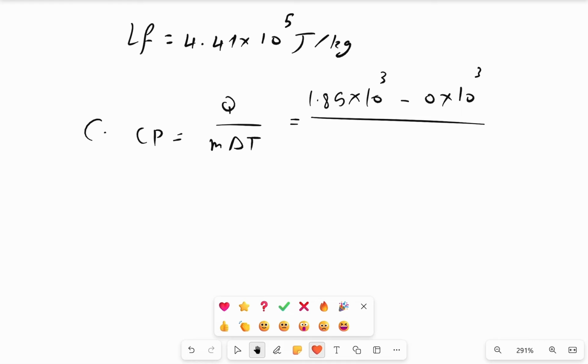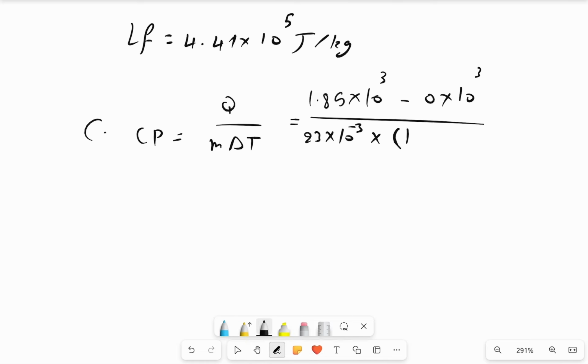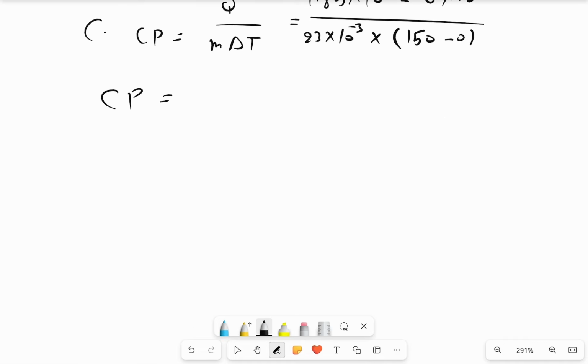Because we have 0, you can just leave it, but I'm going to write it. Divide this by mass, which is equal to 23 times 10 to the power of minus 3. What is our delta T? It's final minus initial, and it's going to be 150 minus 0. Cp is going to be equal to 5.36 times 10 to the power of 2 joule per kilogram per Celsius.